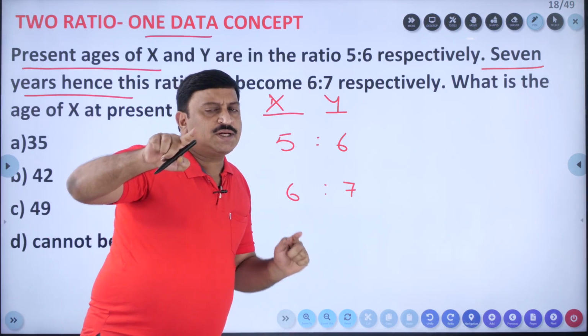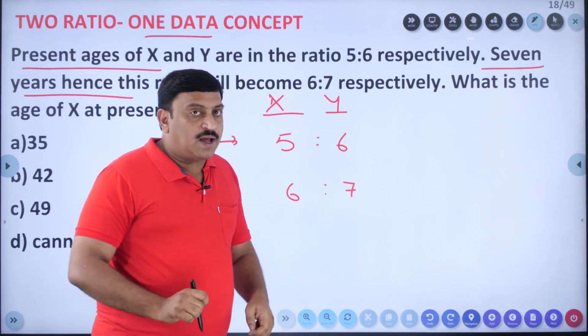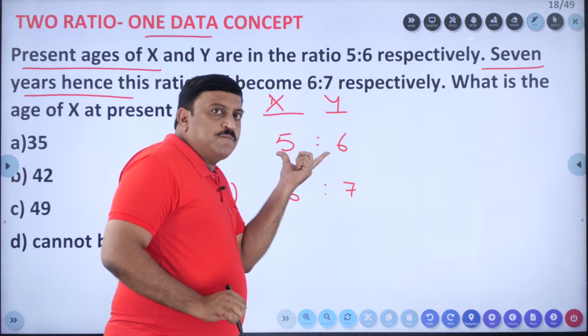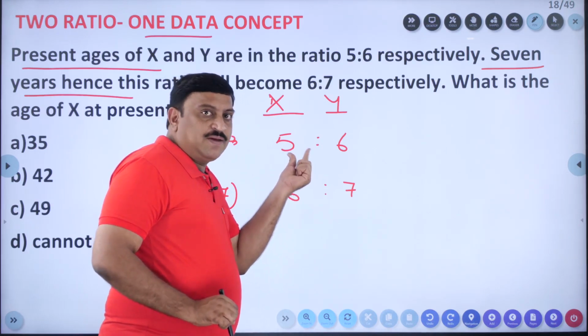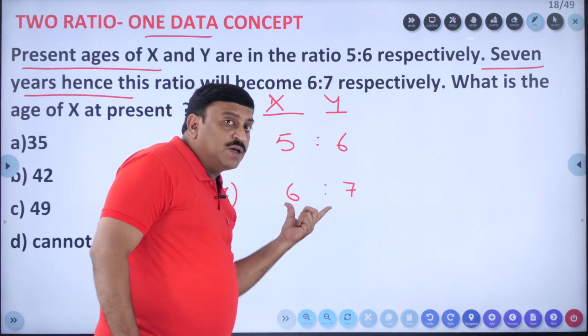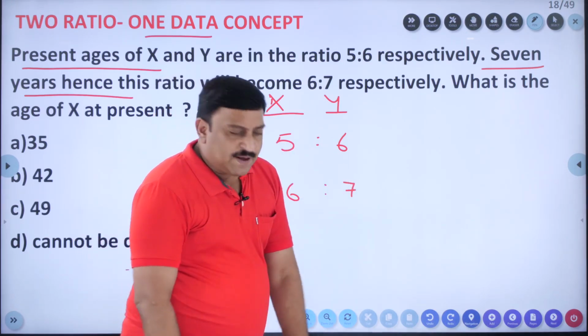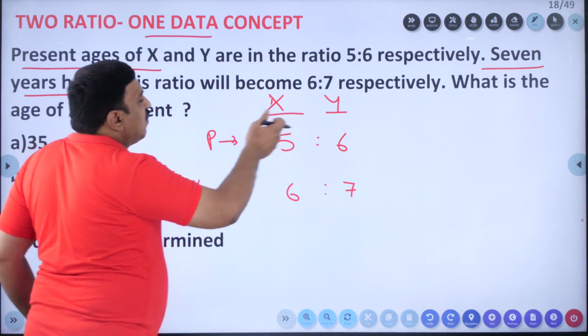I gave one discussion in the first discussion before starting the chapter. What I said, observe the difference between these two persons. The difference is 1, is it not? Here also the difference is how much? 1. If it is 1 and 1, the difference is 1, those are called balanced. These are always balanced.